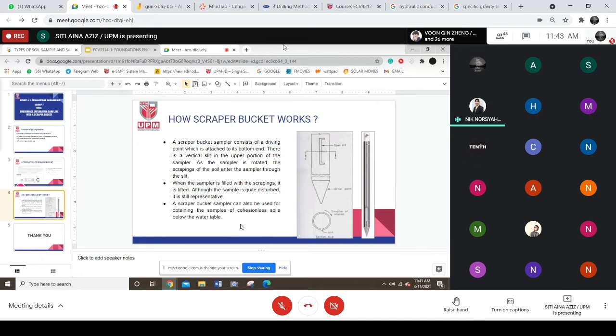What type of method do I want to use to retrieve the sample? If the sample contains rocks or soft rock inside it, or my sample is clay or silt, which one is the best method or best tool? So at least when we have this kind of presentation, you have the idea that this one is only for this, this one is only for this, this one can use all, so which one is the best.